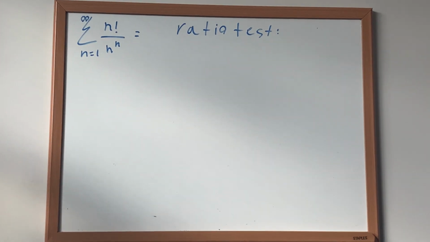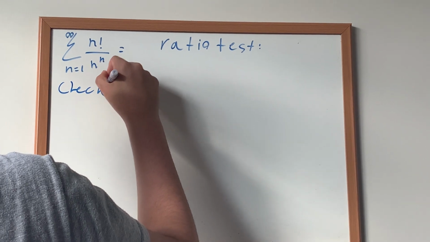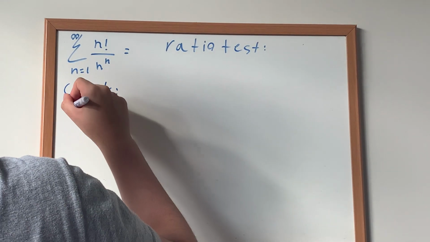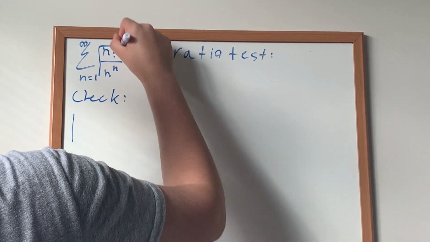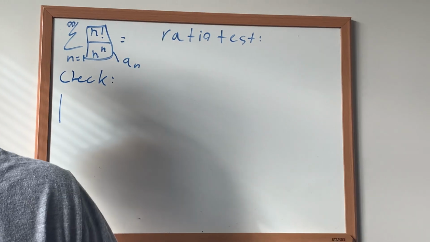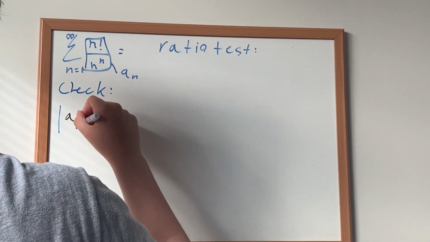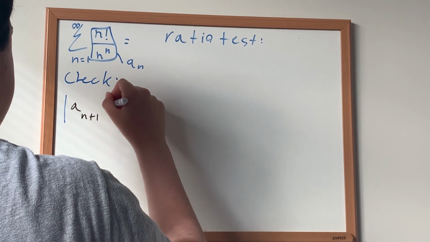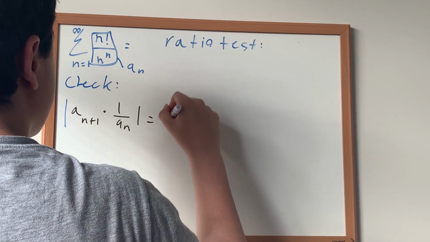So for the ratio test, we should check, so I write it here, check that the absolute value of this whole thing, first before I solve, this whole thing is a sub n, which is our series. So now we should check a sub n plus 1 multiplied by 1 over a sub n. And now this is equal to the absolute value.